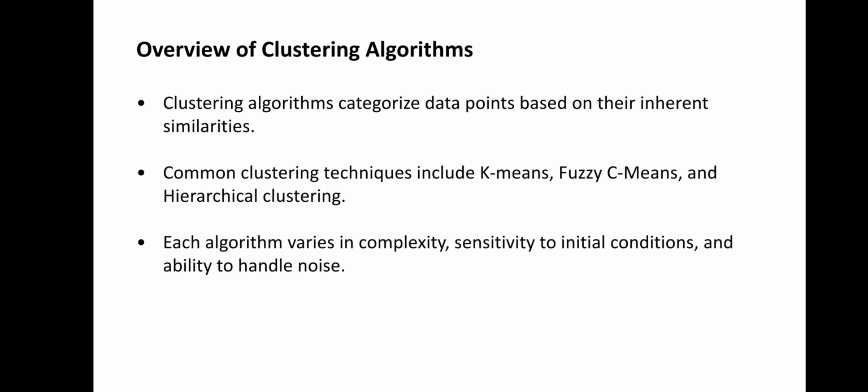Each algorithm varies in complexity, sensitivity to initial conditions, and ability to handle noise. So this is the overview of clustering algorithms, which tells us briefly what a clustering algorithm is.